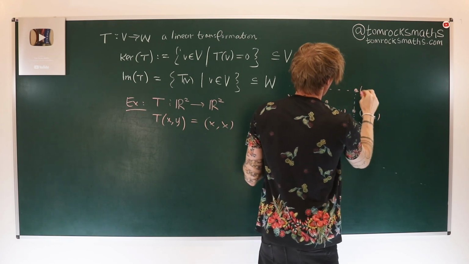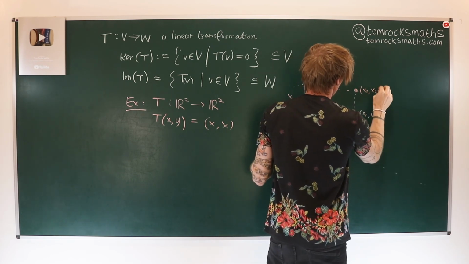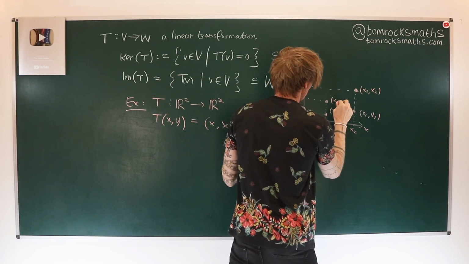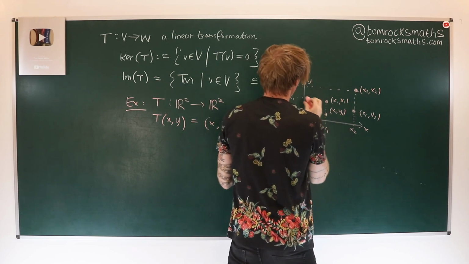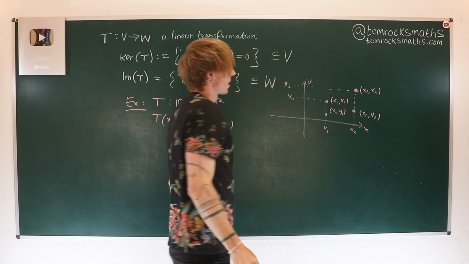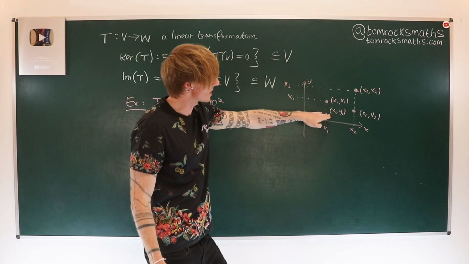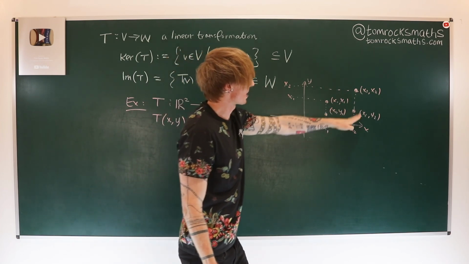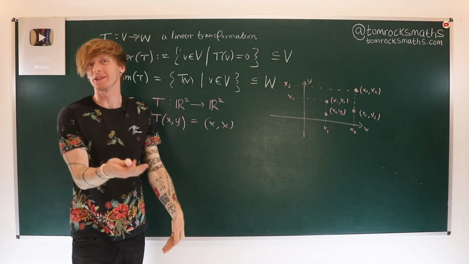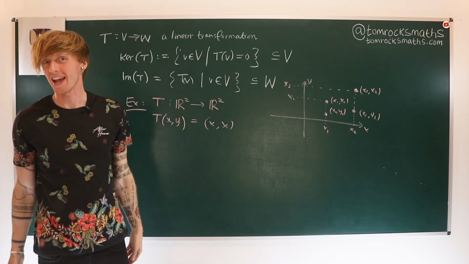So this one up here is (x2, x2), and this one is, of course, (x1, x1). What we can see this map is doing is it leaves the x coordinate unchanged, but it moves the y coordinate to also be equal to the x coordinate.